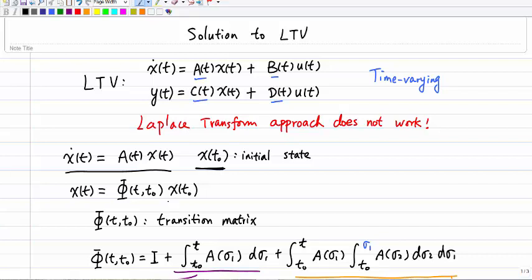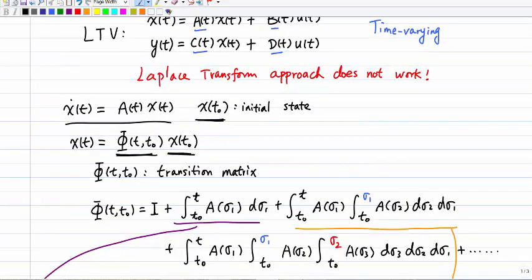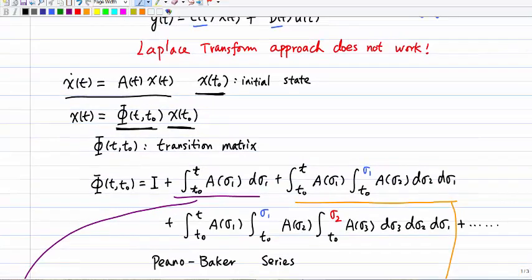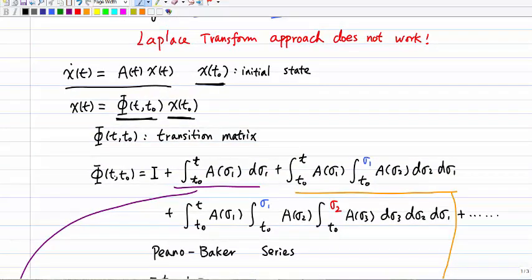So this is my initial condition, and we call phi the transition matrix, which means my solution x t is given by the product of two things. Phi is basically a matrix, and this is a vector, so it's a matrix times a vector, and this phi t t0 is called the transition matrix.